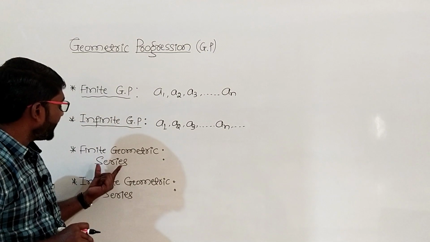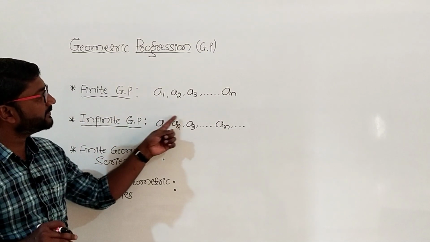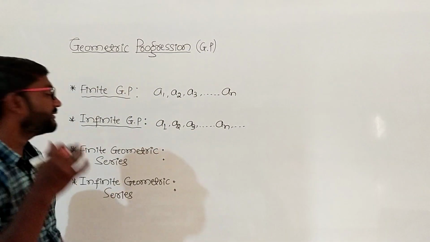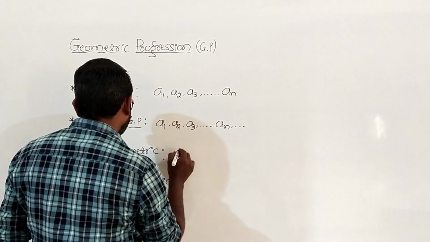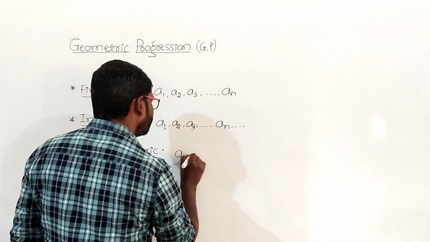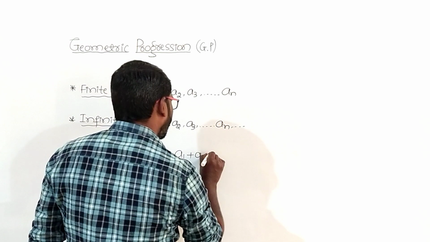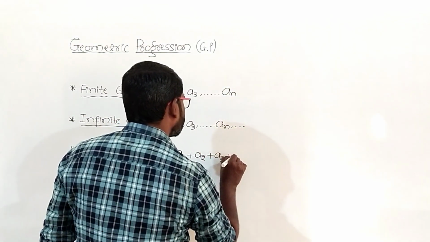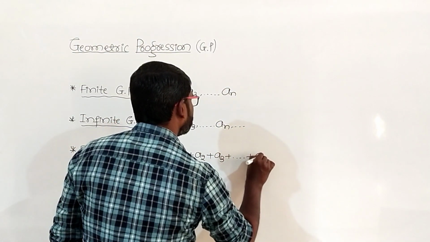Now we have series. Series means you take the sum of the indicated terms. The finite geometric series is A1 plus A2 plus A3 plus so on plus An.